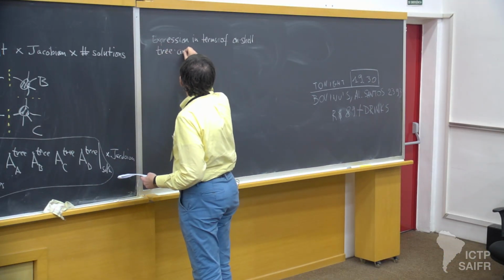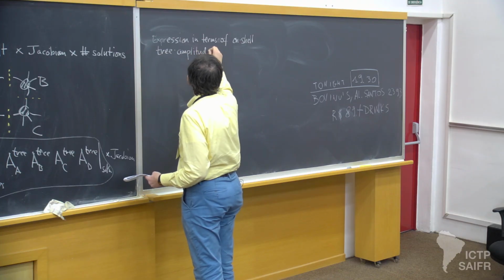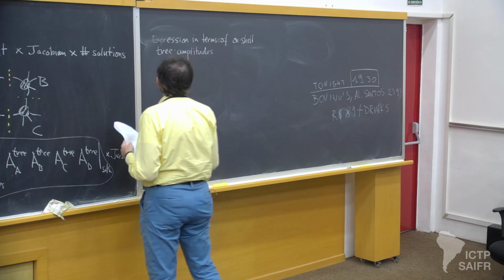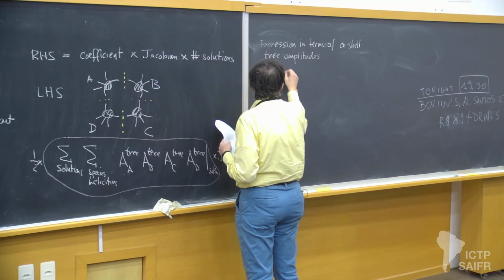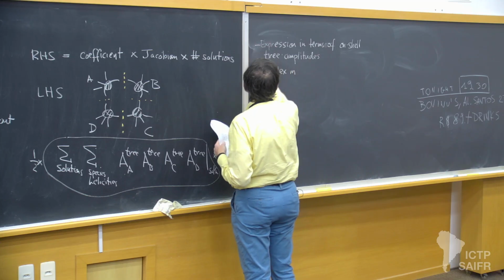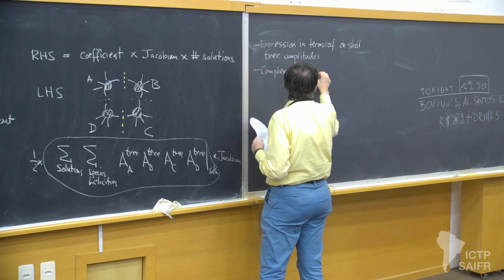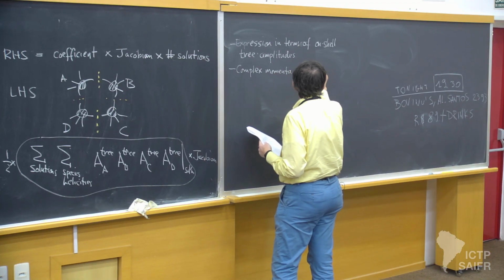Tree amplitudes, but of course with complex momenta. And the complex momenta are crucial. Again, just as they were in the BCFW recursion.